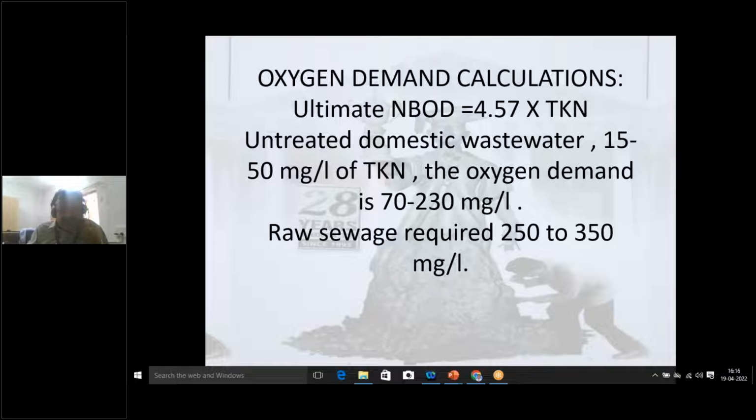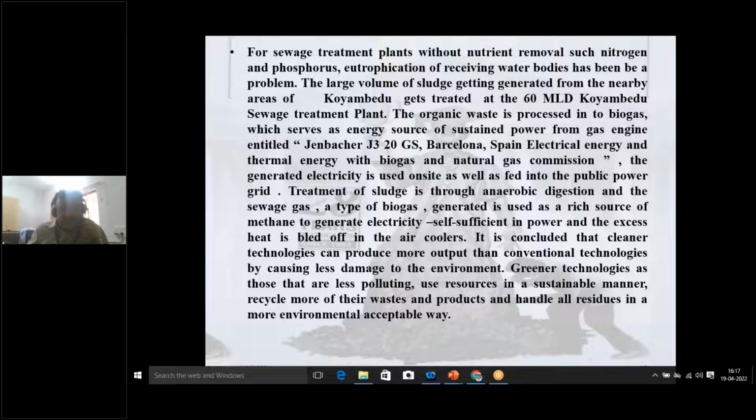Untreated domestic wastewater has 50 mg per liter, which has to be given oxygenation to treat it, that is 70 to 230 mg per liter, which should be not more than 0.1 mg per liter. In sewage treatment plants without nutrient removal, that is nitrogen and phosphorus, eutrophication takes place.